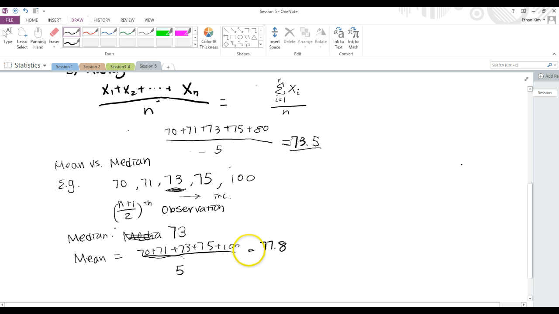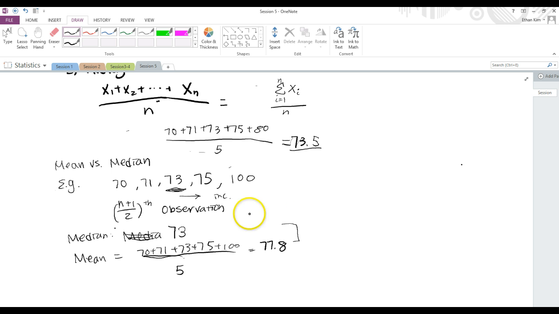Comparing these two, it's very different from before, because before it was 73 and 73.5. In this case it's 73 versus 77.8, and this is a pretty big difference. It's not like we have 0 and 100 all of a sudden, but this is quite a change. And why is that?